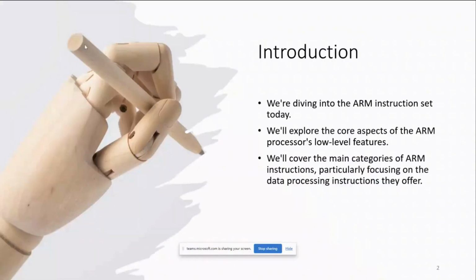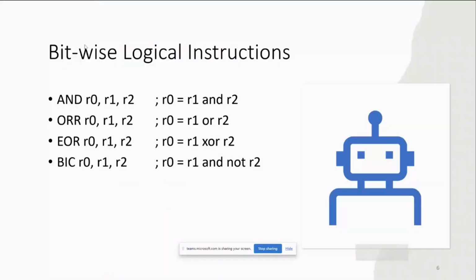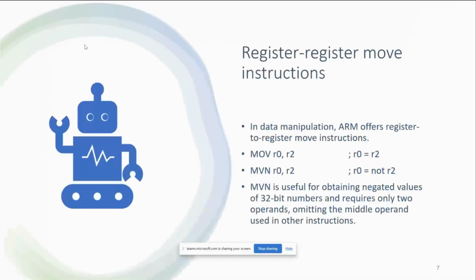So we have seen the first is data processing instructions. First we saw the arithmetic instructions. Then we saw bitwise logical operations: AND, OR meaning ORR, exclusive OR and bit clear. Then I told you about register move instructions. In the realm of data manipulation, we include register to register move instructions. These are of two types: a straightforward move and a move negated operation.